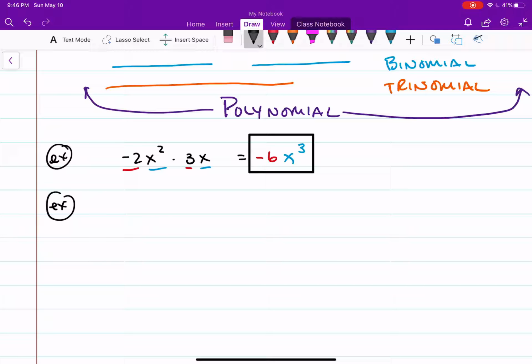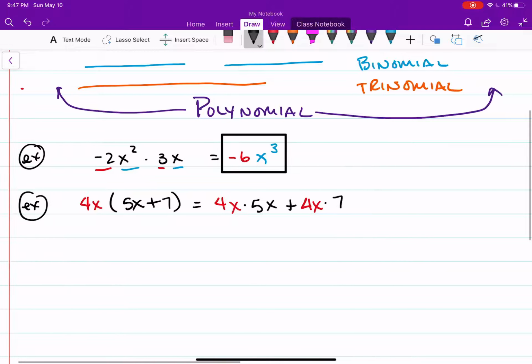Now, we could have a monomial times a binomial. Let's say I have 4x times 5x plus 7. We can think of this as 4x times 5x, and this is called distributing, plus 4x times 7.